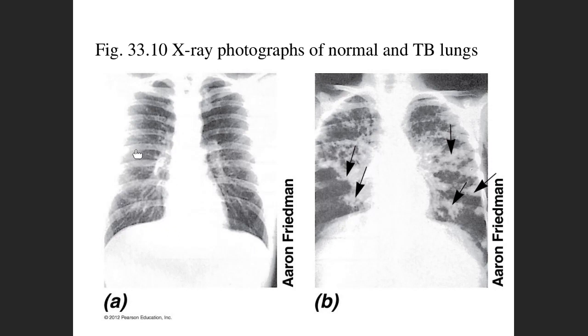The white area represents, anyone want to type in? Respond to the chat. What does the white area represent, or the black area represent? So the white area represents ribs. Okay, good. Can I ask why the rib is white?